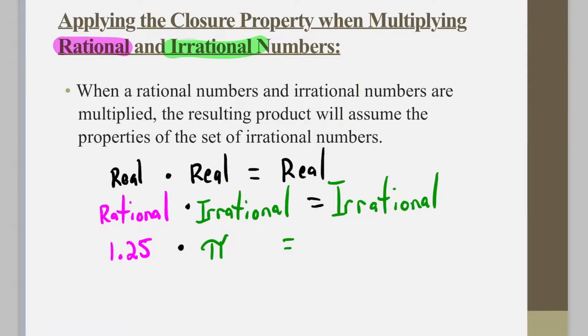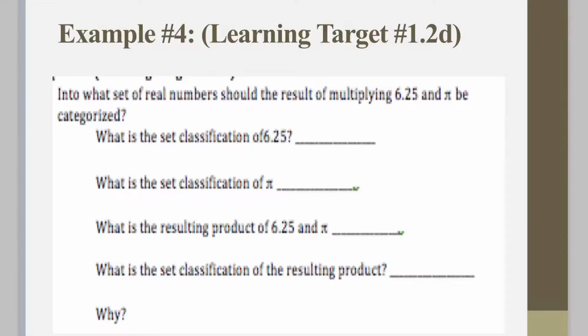And again, think about all of the additional numbers at the end of pi. So it's 3.14 and continues on forever. Think about how those numbers will affect the result when multiplied by a terminating number such as 1.25. Again, the same logic holds with this multiplication as with the addition of a rational and irrational number.